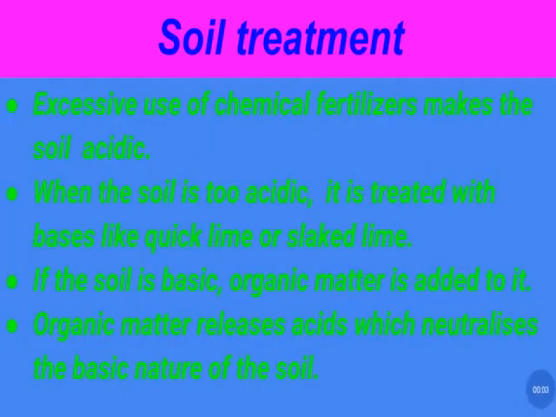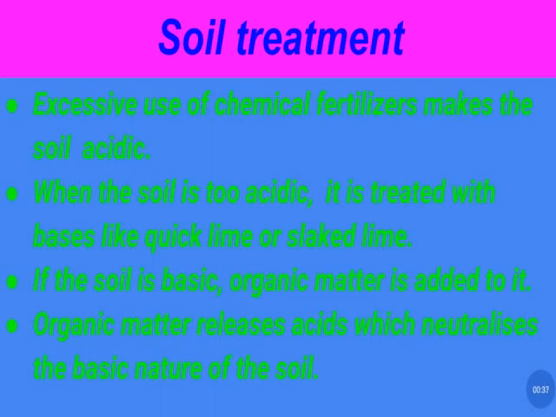Next one is soil treatment. Plants do not grow well when the soil is either too acidic or too basic. We already learned about two different types of fertilizers. One is natural fertilizers and the other is chemical fertilizers. Excessive use of chemical fertilizers makes the soil acidic. When the soil is too acidic, it is treated with bases like quicklime or slaked lime.